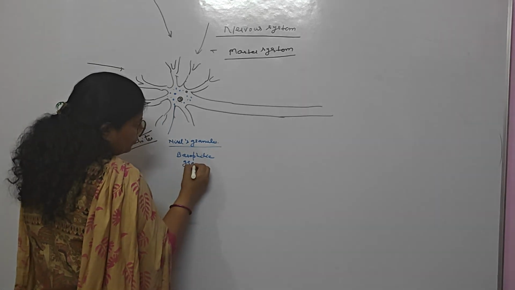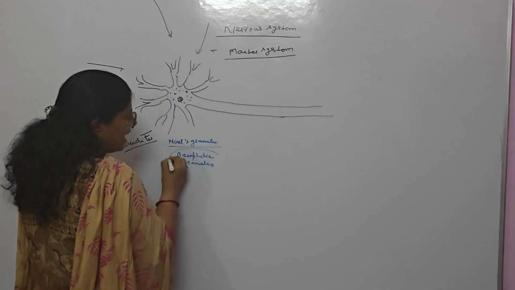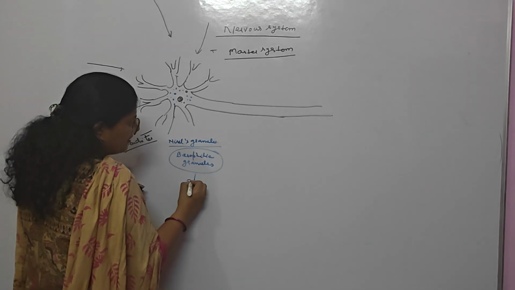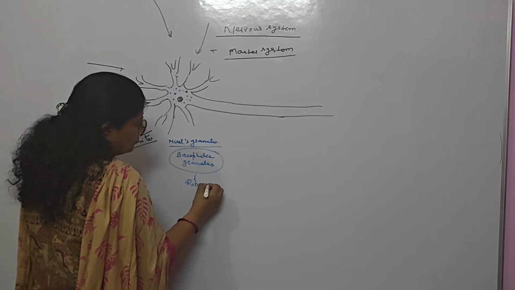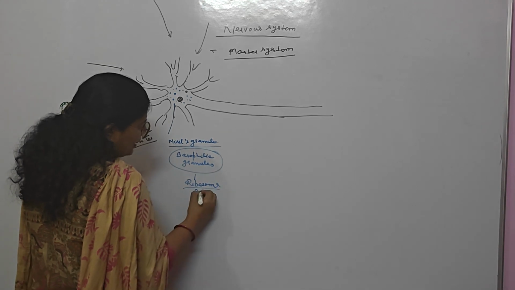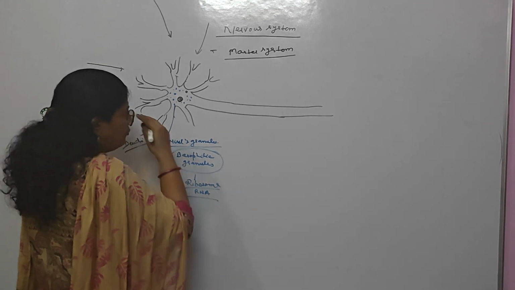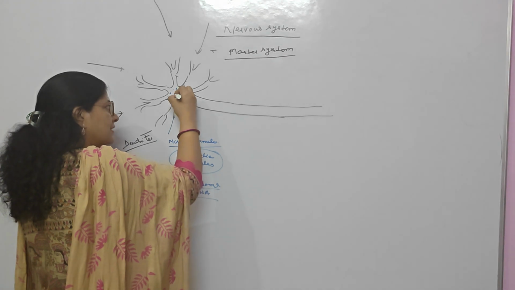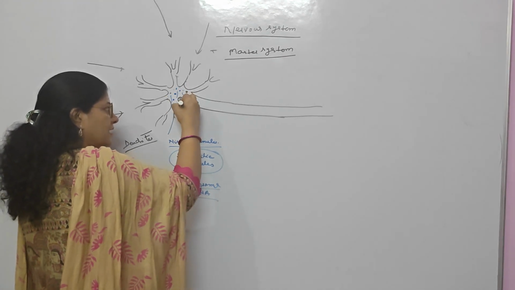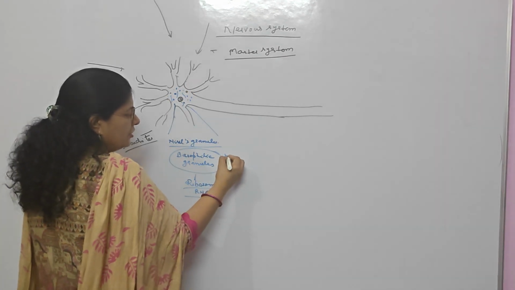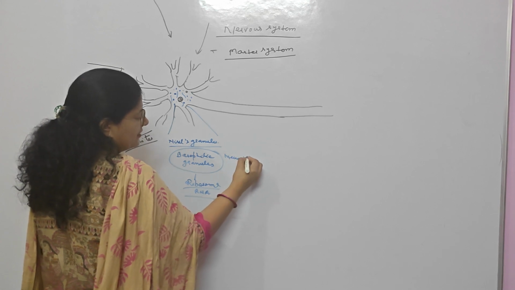As you know, basophilic granules are made up of ribosomes, rough ribosomes or RNA, and we have long dark blue fibrils. This is known as neurofibrils.